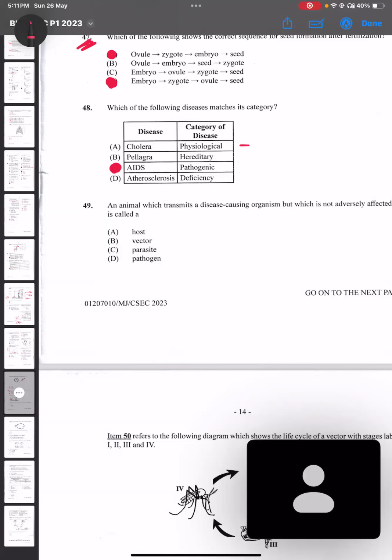Atherosclerosis is when you have the thickening of the walls of the arteries, and that is usually caused by an excess of fat. So we cannot have that as a deficiency disease, because a deficiency disease is caused by the lack of something in a diet. So AIDS would have been the most appropriate answer in this case, even though it's still shaky. It's the most appropriate answer for this question.